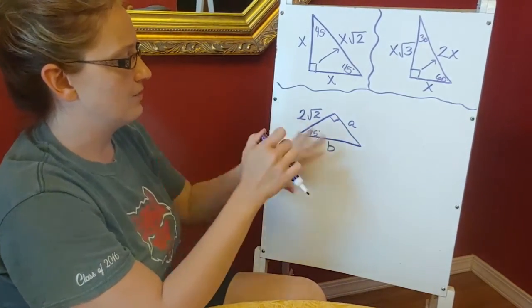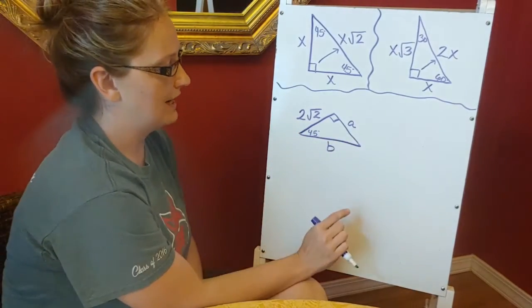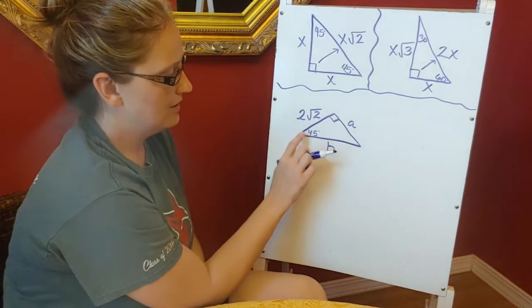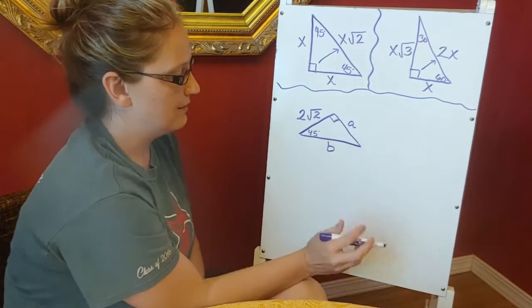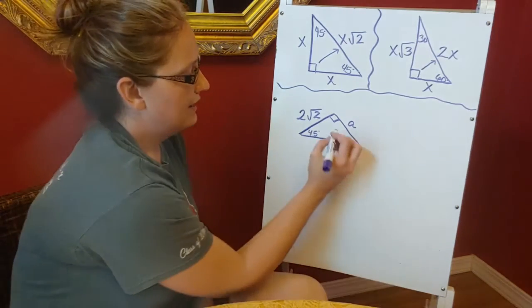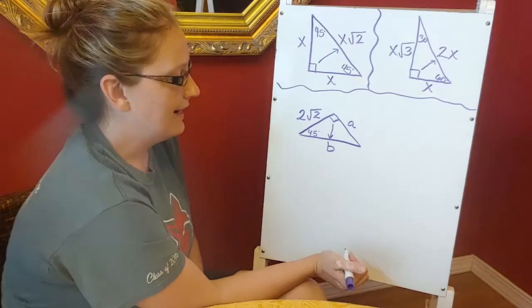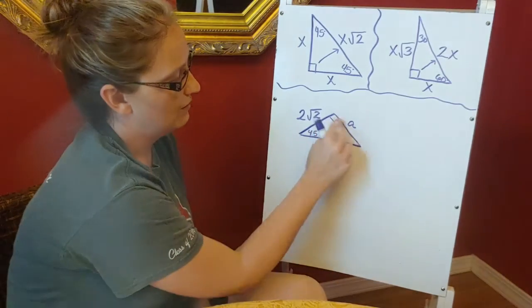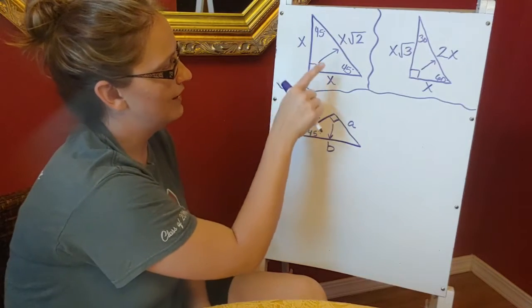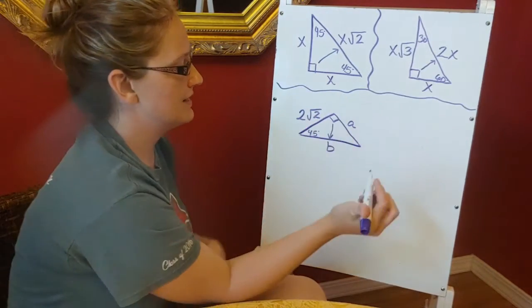So let's look at our example right here. We have a 45, 45, 90. This is a right triangle. If this is 45 degrees, I know this has to be 45 degrees. And this is my hypotenuse at B. I'm not going to worry about it right now though, because I need to figure out what A is. Now in a 45, 45, 90, both the legs are the same.